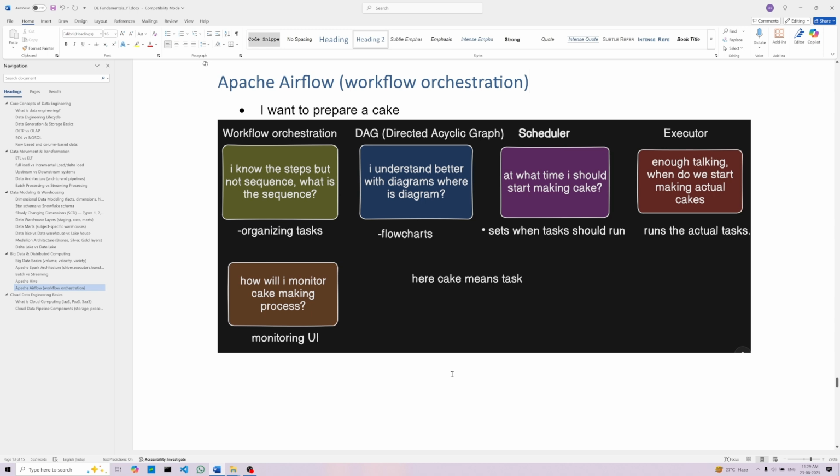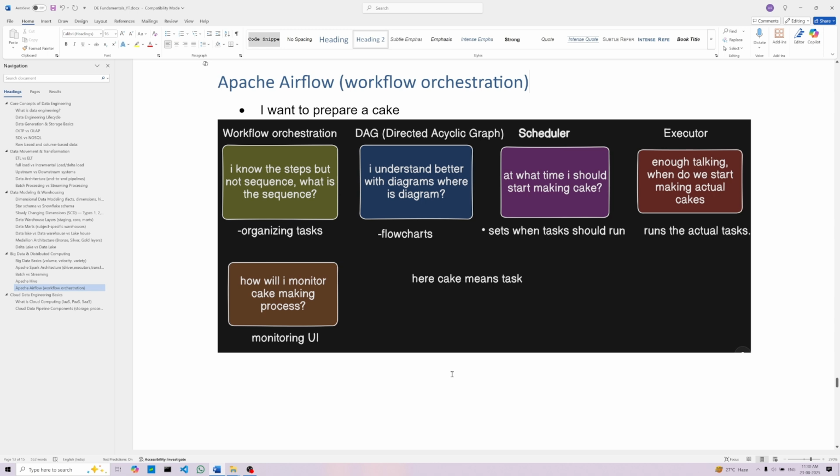And the answer is Apache Airflow. It will help me organize tasks. My second question is, I understand better with diagrams. Can I get a diagram for cake preparation steps? The answer is Apache Airflow.